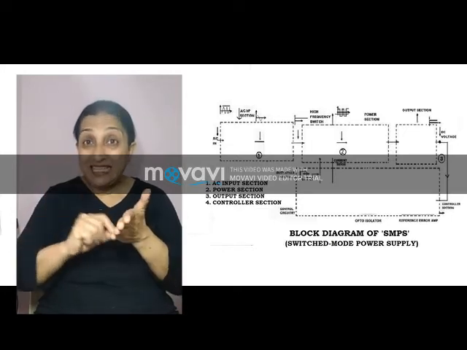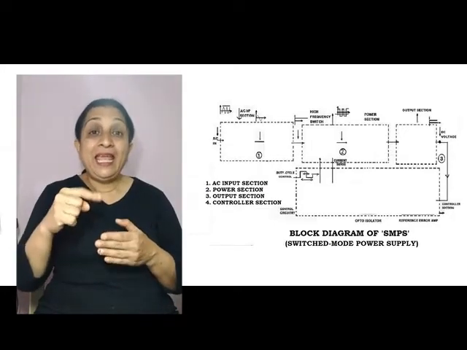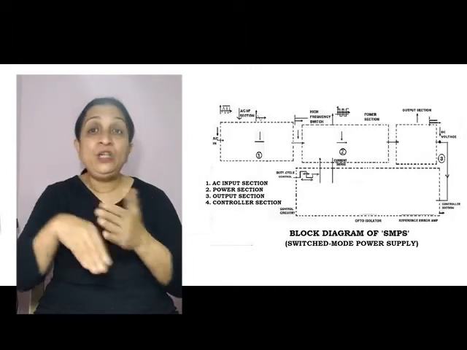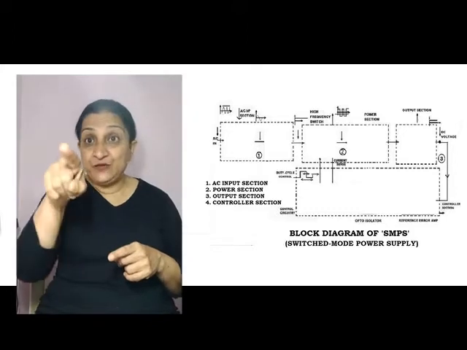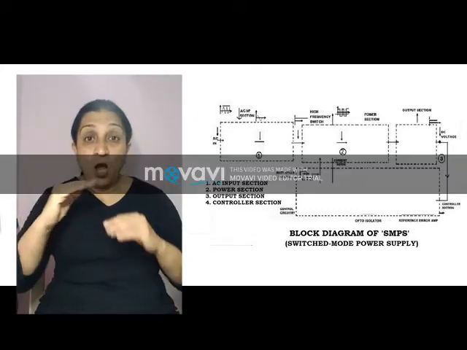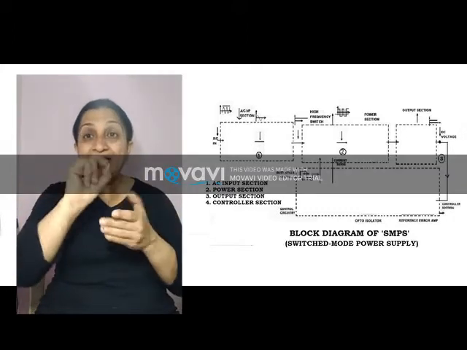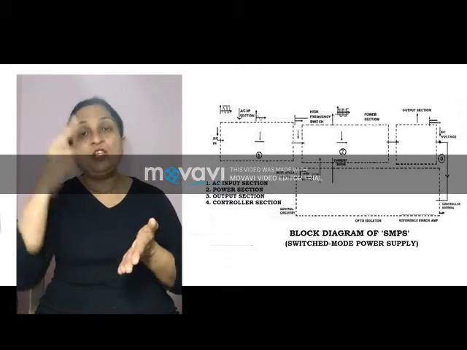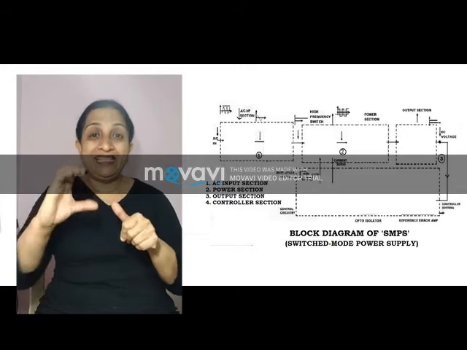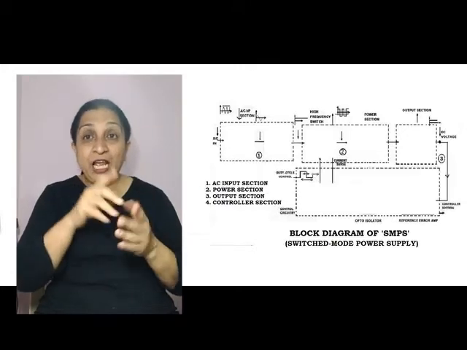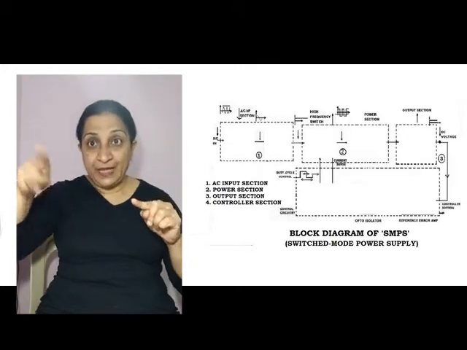Then you can see the writing on top, AC input section. You also have to draw the waves which is there. Please remember, on top of each square there is a drawing and writing, that you have to remember. So the first block you say AC input section and you draw arrow like this.